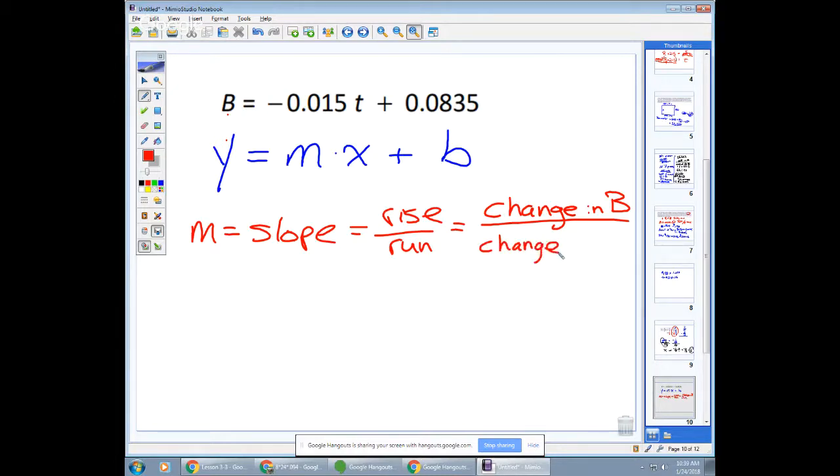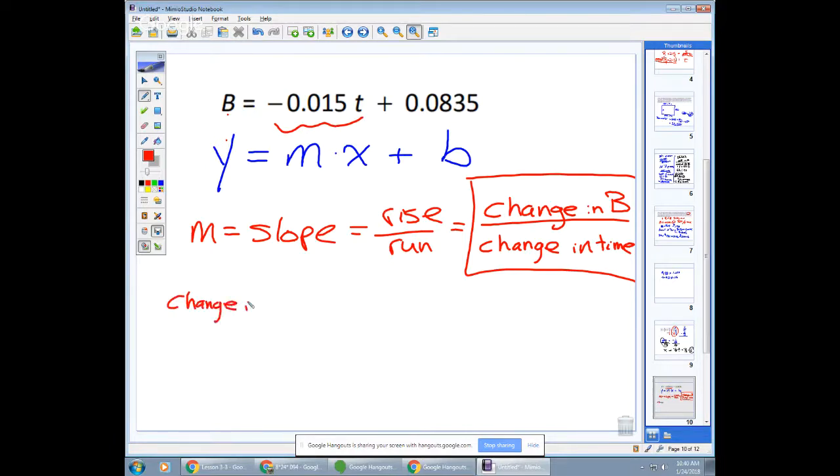For this particular problem, change in time. All right, so let's take this idea right here and relate it to that number. So my change in BAC divided by change in time is equal to negative 0.015.